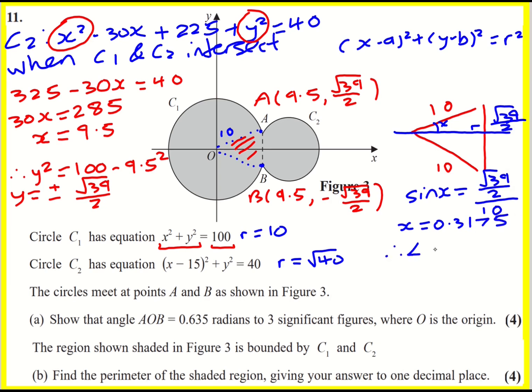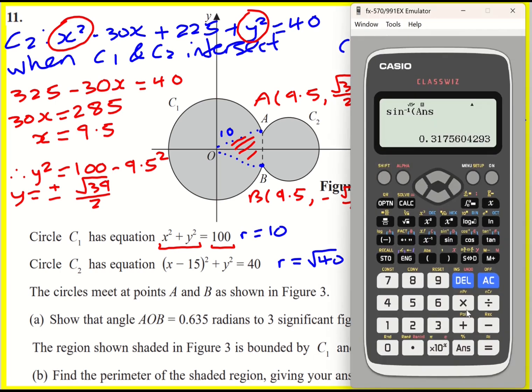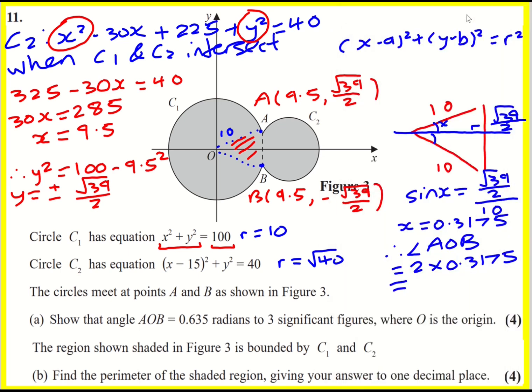And therefore angle AOB is going to be double that because I've got two lots, which is 0.63512, or 0.635 radians. Brilliant.